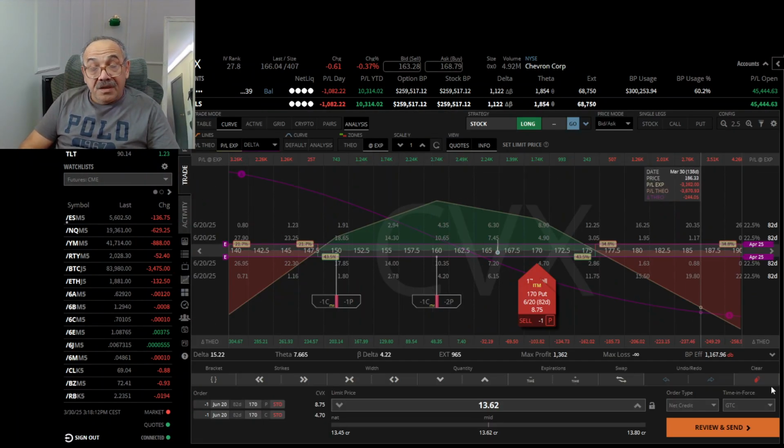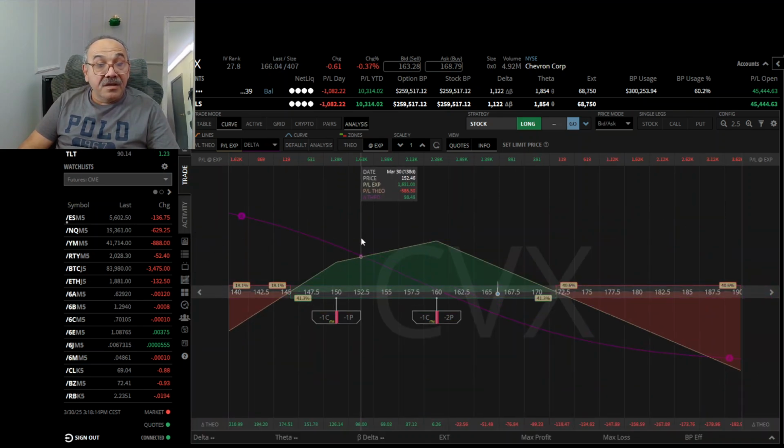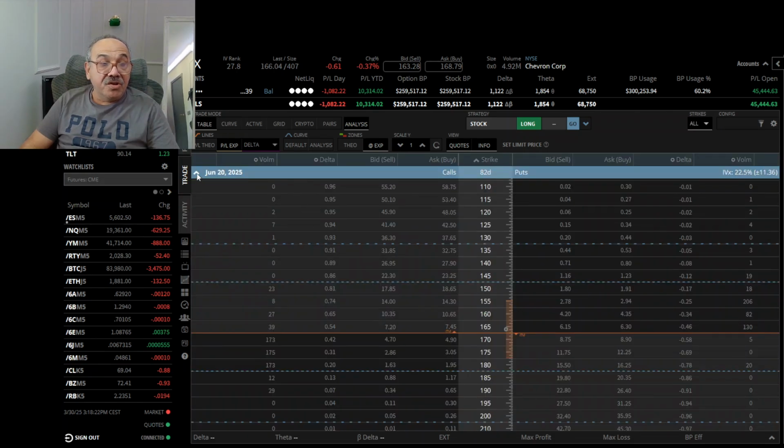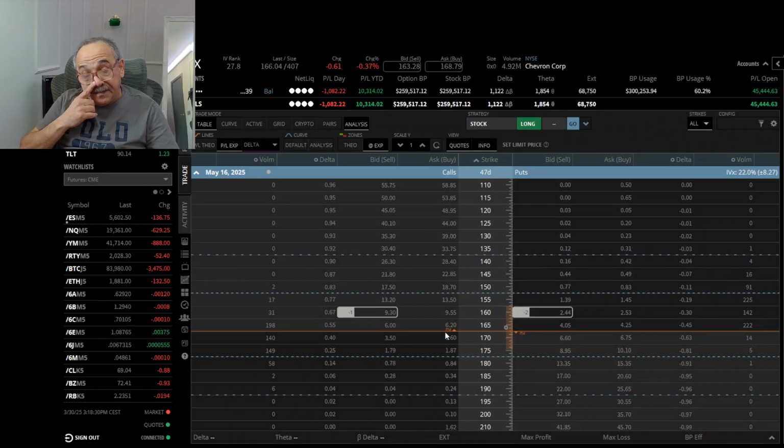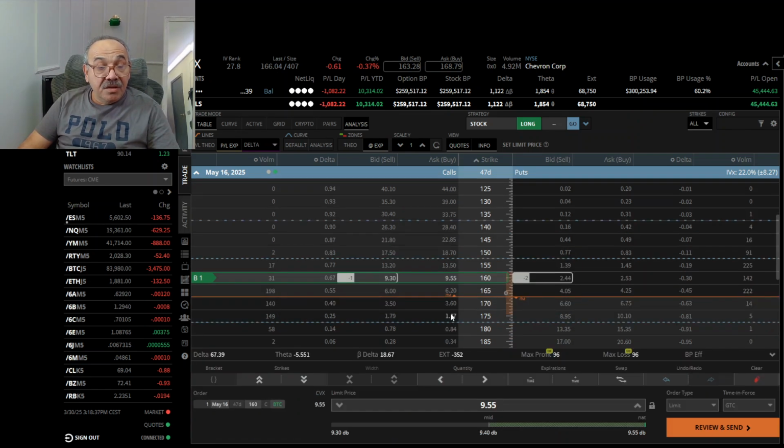Or the third way, if you wouldn't like to add any additional margin, we don't have much choice but to do some roll of our 182. So what we can do here, to make it a little bit more positive delta, we can probably move our short call to 170.